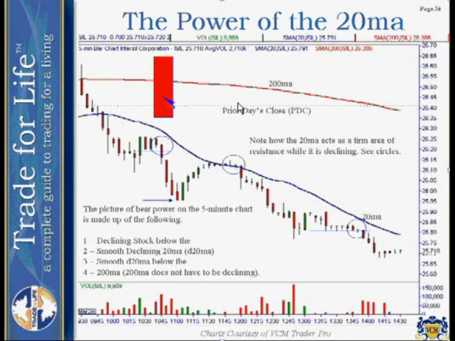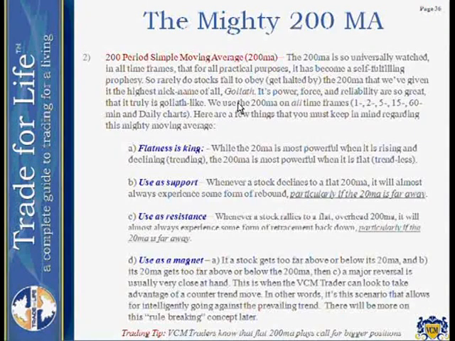Okay, let's talk about the 200 period moving average here. If the 8 and 20 are the most powerful when they're trending, the 200 is the most powerful when it's flat or flat-like or flat-ish.